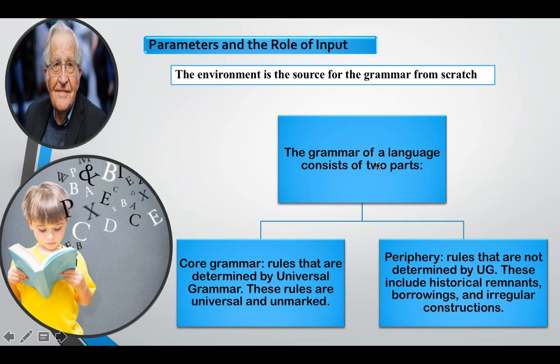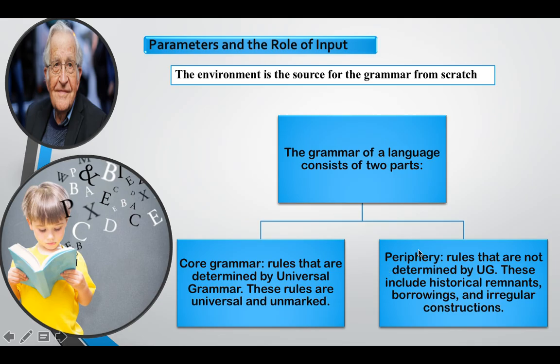So the grammar of the language consists of two parts: the core grammar and the periphery. When it comes to the core grammar, it includes the rules that are determined by the universal grammar. These rules are universal, simple, and unmarked. And we are going to talk about unmarked later.